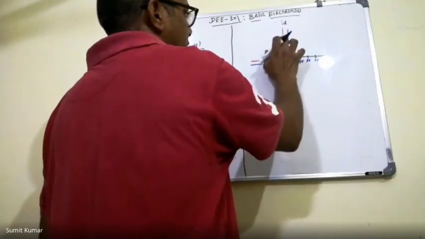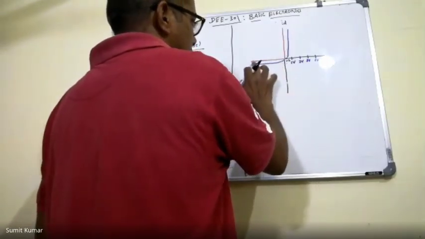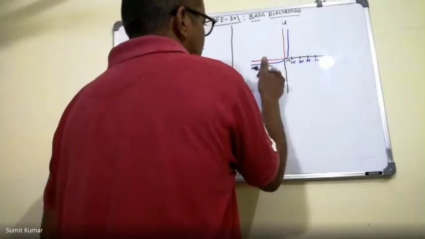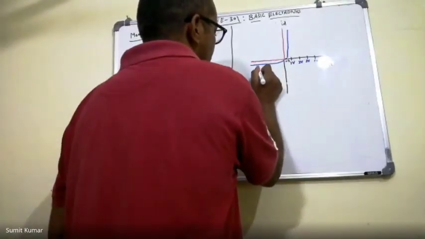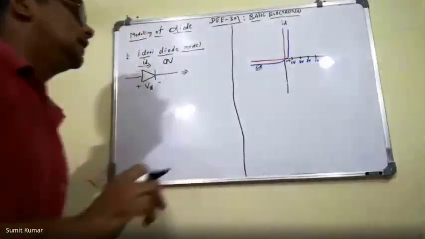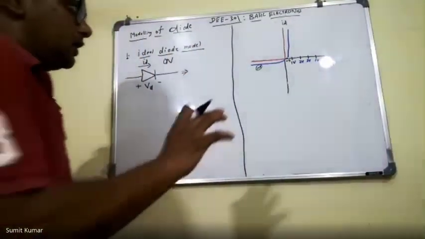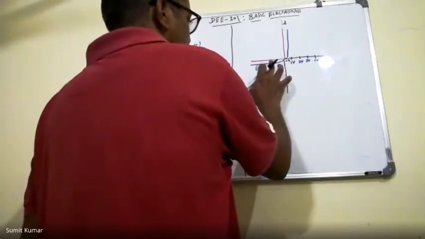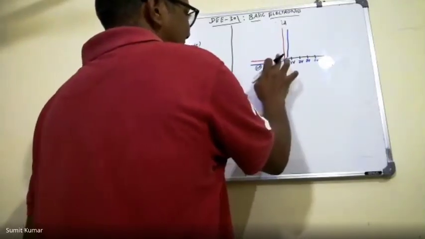We have neglected the very small current of the order of microampere, and approximated the characteristics like this, which coincides with the x-axis.